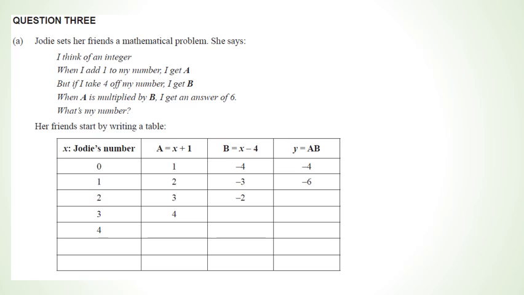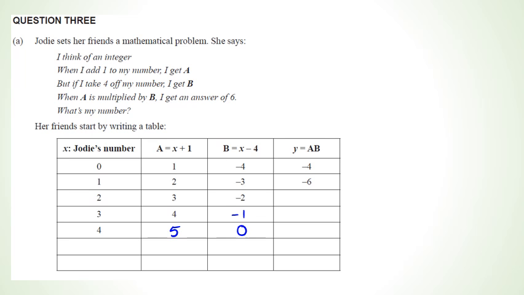Okay, so with this question, the very first thing I'm going to do is start filling up this table, just so things will make sense a little bit. We've got Jody's number there, and then A is x plus 1. So that's pretty easy to fill up. That number there is going to be 5. Now B is x minus 4. So I've got 0 take away 4 is negative 4, negative 3, negative 2, negative 1, and 4 minus 4 is 0.